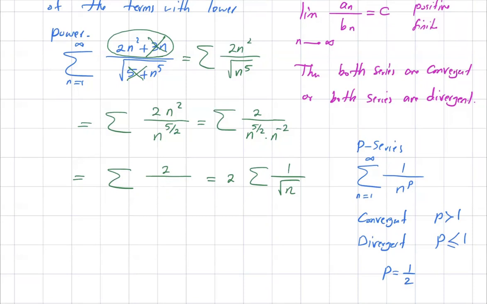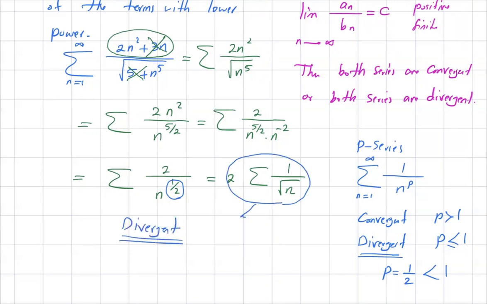Let's circle it better. This is your power, this is your exponent here. And it is indeed less than 1. So this is a divergent p-series.